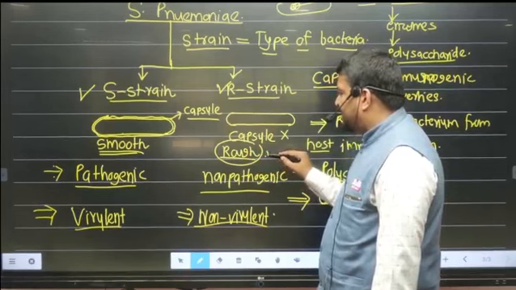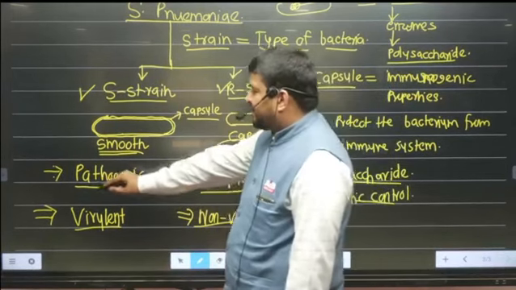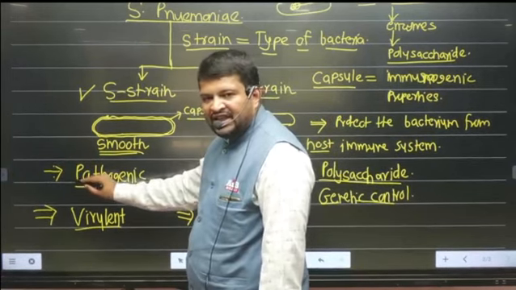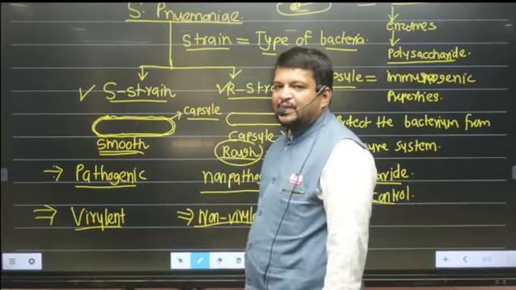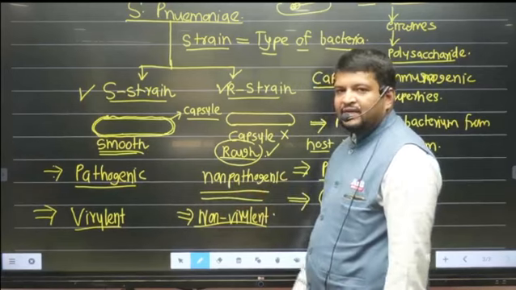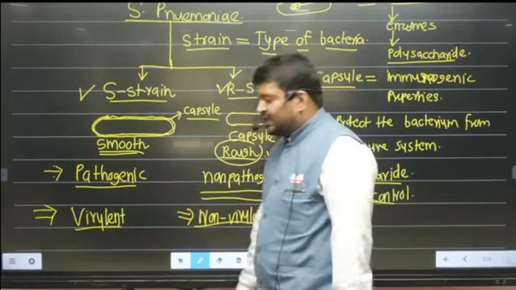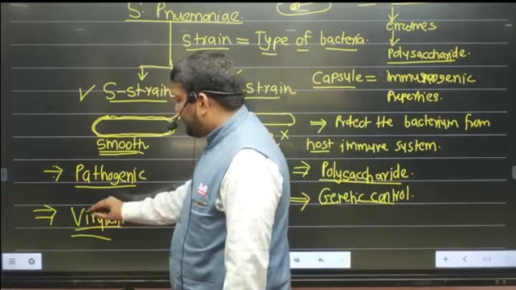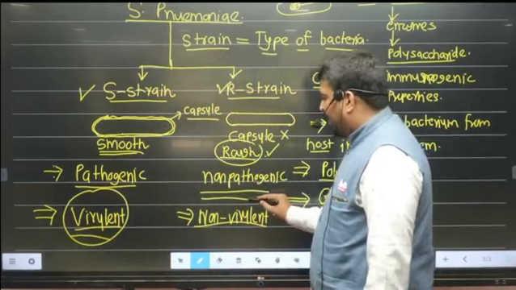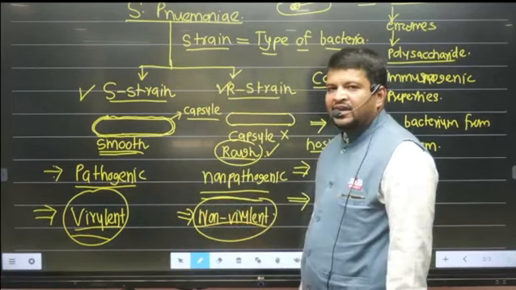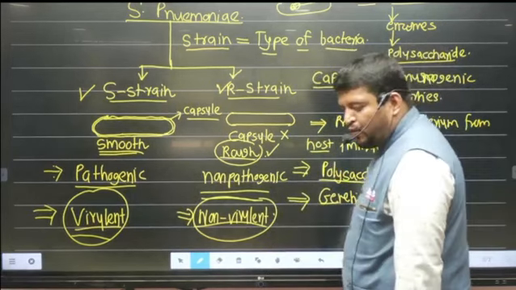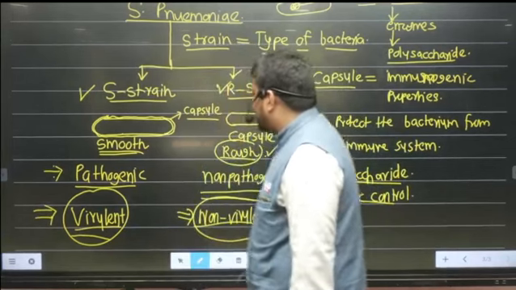Therefore, its appearance is rough. The S strain is pathogenic due to the presence of the capsule, while the R strain is non-pathogenic due to its absence. The S strain is the virulent type, while the R strain is the non-virulent type. Then we discuss some important characteristic features of the capsule.